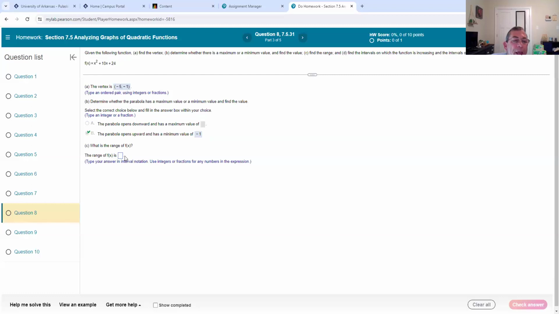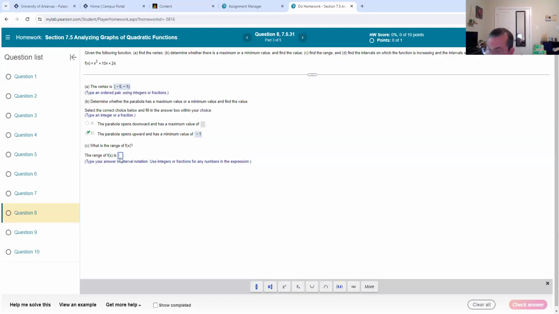Then it said, what is the range? Well, remember, we said our range was brackets. So let me see on my keyboard, the brackets are right above the enter. So hit the bracket, and it went from -1, comma, to infinity. And infinity always has the regular parentheses, okay? So you check that.